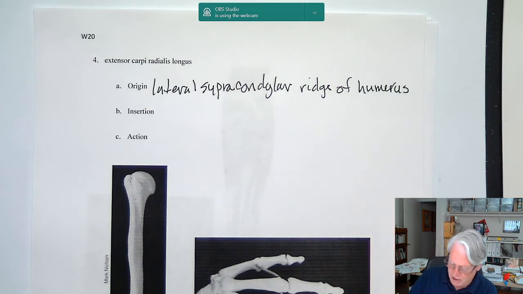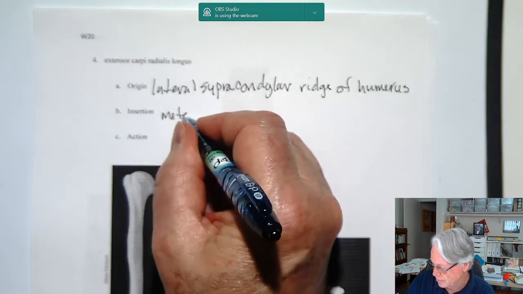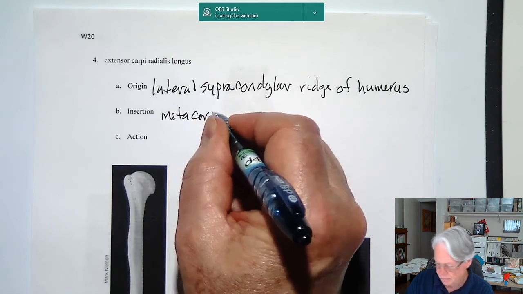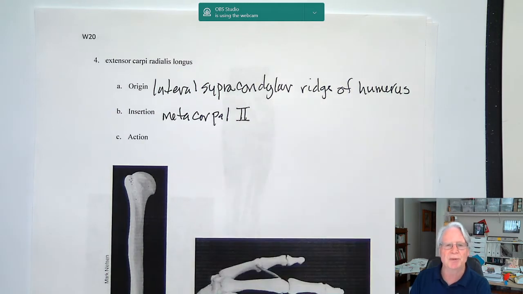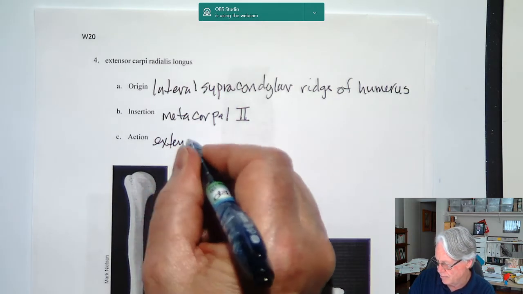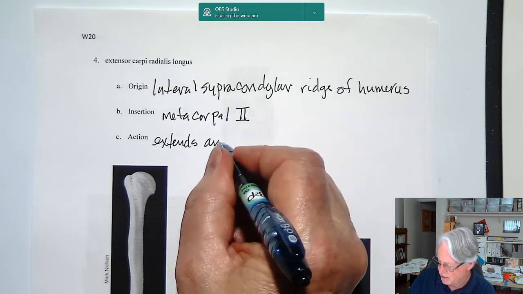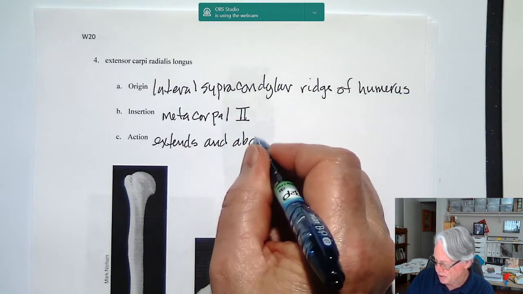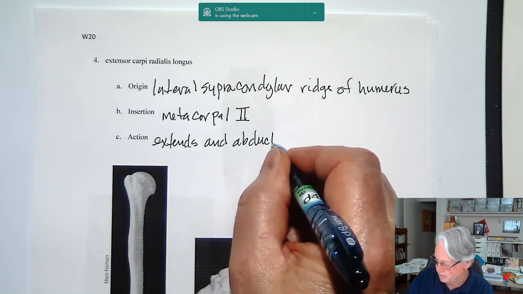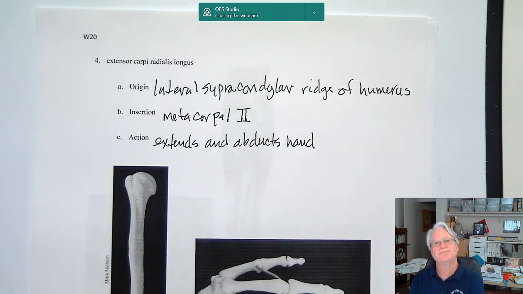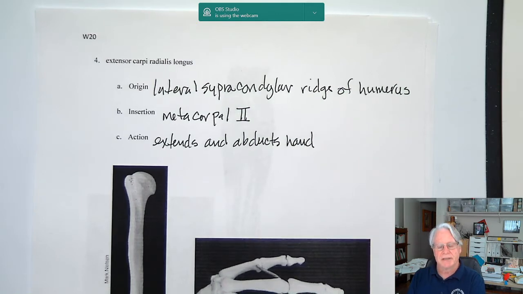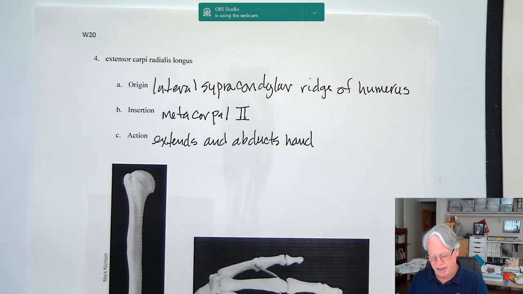The insertion is metacarpal II, and remember, we're using Roman numerals. The action is extends and abducts, which moves the wrist away from the center line. That's your extensor carpi radialis longus.